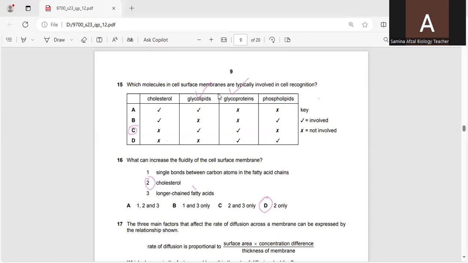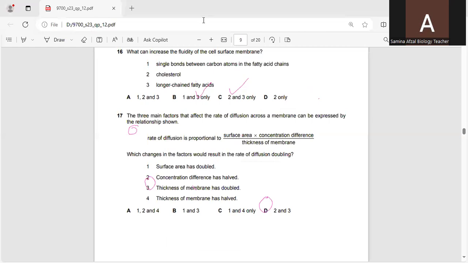Now question number 17. The three main factors that affect the rate of diffusion across a membrane can be expressed by the relationship shown. They have shown that the rate of diffusion is proportional to surface area and concentration difference.